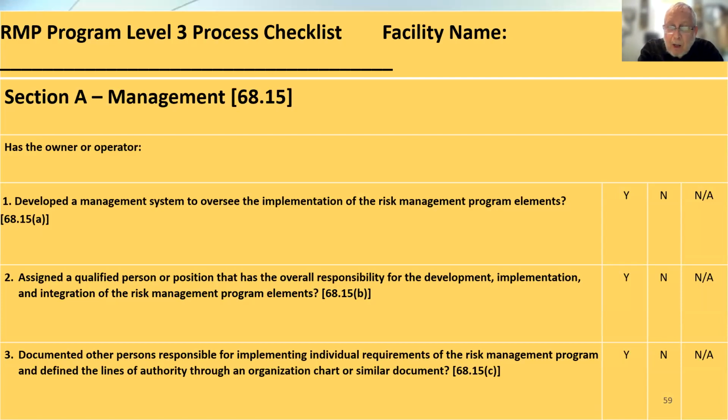The EPA is responsible for the public. So that's why these are a little bit different, especially in the beginning. Also, you notice EPA always starts with, has the owner or operator done this, while OSHA says, has the employer done this.